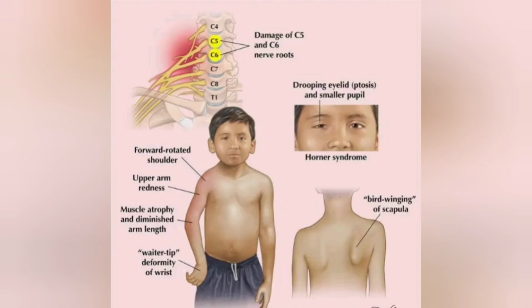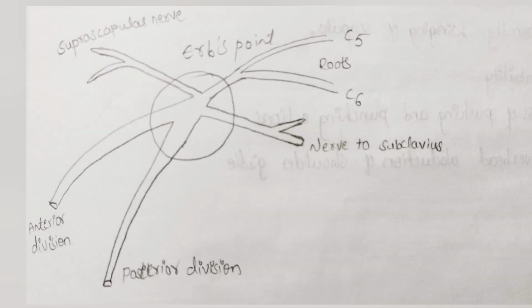Supraspinatus, infraspinatus and supinator are partially involved, and biceps brachii, deltoid, brachioradialis and brachialis are mainly involved in this Erb's paralysis. You can see here Erb's point where the six nerves meet. If this site gets injured, it leads to Erb's paralysis.